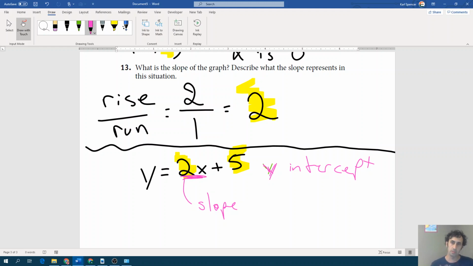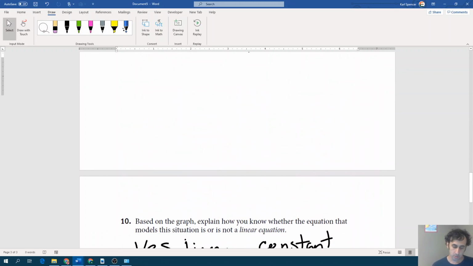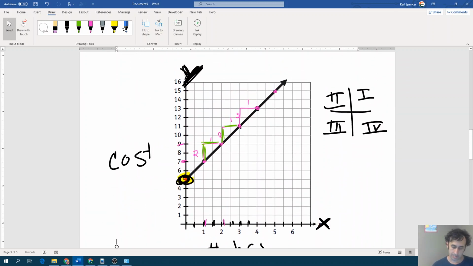Whatever number is in front of the variable is our slope, and whatever is added or subtracted on the end is always going to be our y-intercept. If we wanted to use those values, we could use them to graph a little bit easier. It tells us where to start. We could start at that 5, and then we could do the rise over run, rinse and repeat.